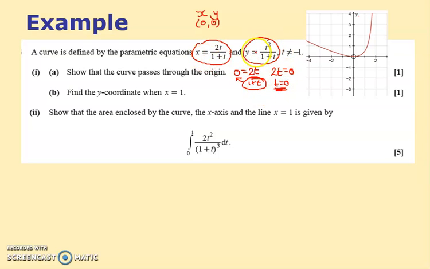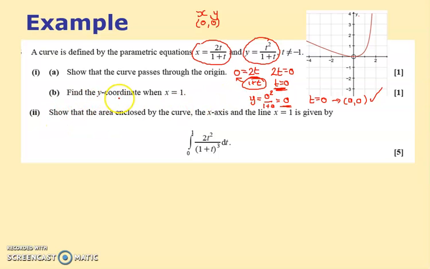Now let's do the same thing on the other one. y equal. I could do exactly the same thing, or, now I know that t is 0, just go 0 squared over 1 plus 0 is 0. So it looks to me as t equals 0 gives me 0, 0. So yes, I think I've shown that. It just says show. Yeah, I've done it.